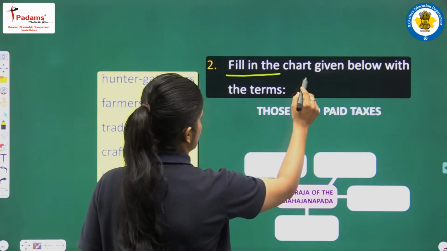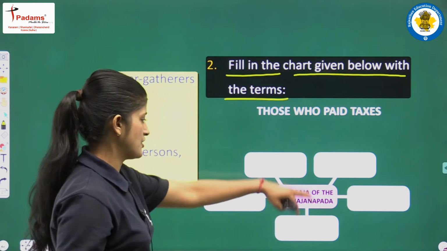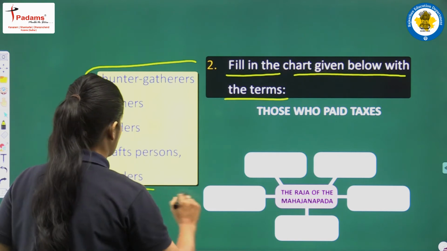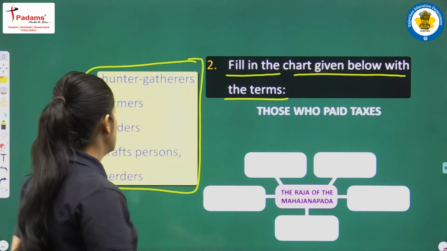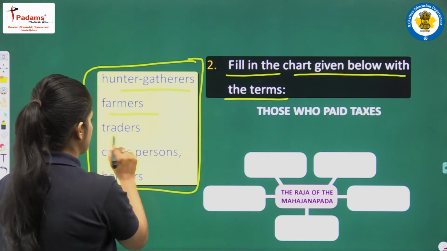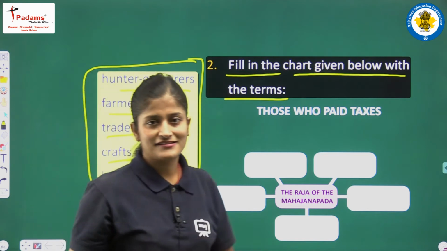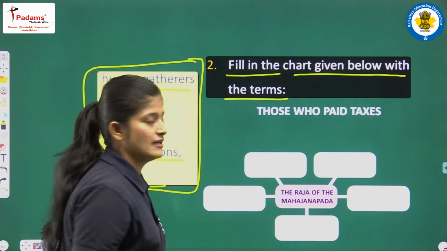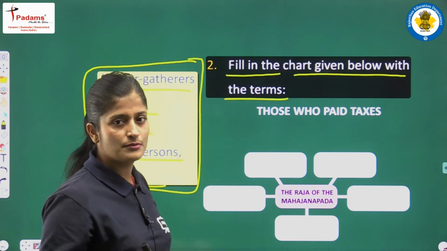Filling the chart given below with the terms. Here is a chart given to you, with some categories of people, those who paid taxes. Hunter-gatherers, farmers, traders, craft persons and herders all paid taxes to the king. The Raja of Mahajanpadas collected taxes from these groups of people.